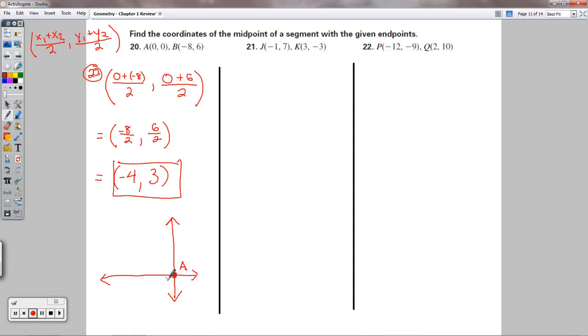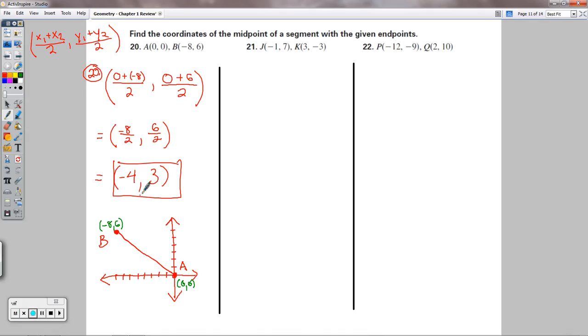That'd be point A. If I went back 1, 2, 3, 4, 5, 6, 7, 8, and up 1, 2, 3, 4, 5, 6. Trying the best I can with the freehand quick sketch here just to show you how to do this. You don't have to draw this yourself. This is just to help you understand why things are the way they are. So this is -8, 6 right here. This is 0, 0 right here.